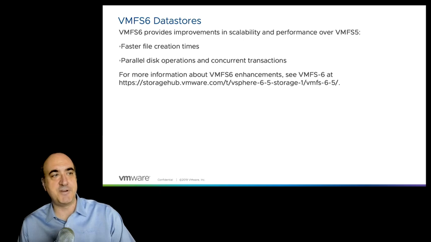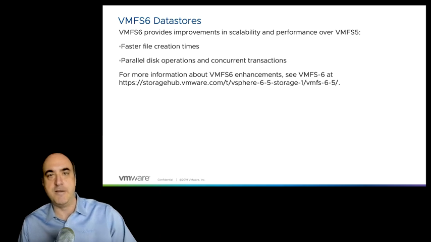Now, VMFS datastore improvements, right? If we were looking at that previous slide, everything was basically saying VMFS 5 and 6 have a lot of common characteristics. This slide is what's new with VMFS 6. Of course, this is what was introduced in vSphere 6.5 when VMFS 6 was released. Effectively, it has faster file creation times and improved parallel disk operations and concurrent transactions.